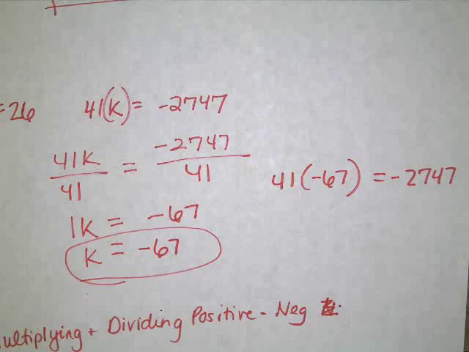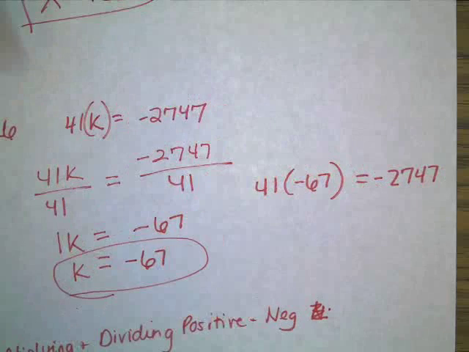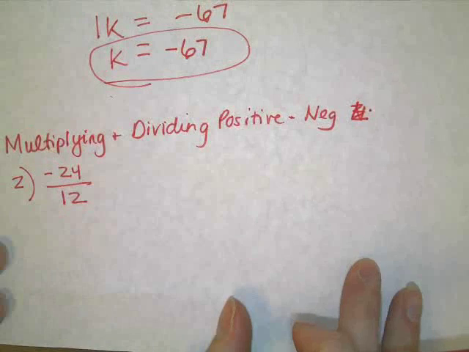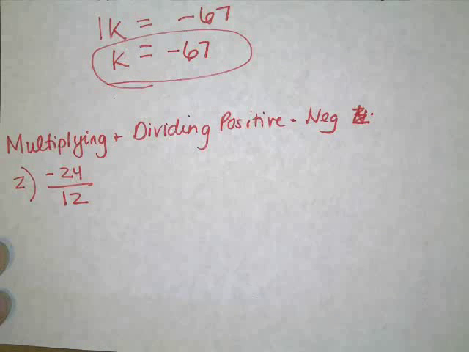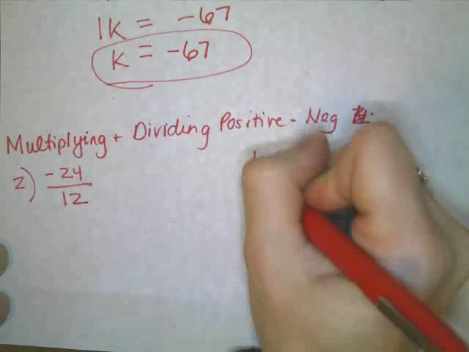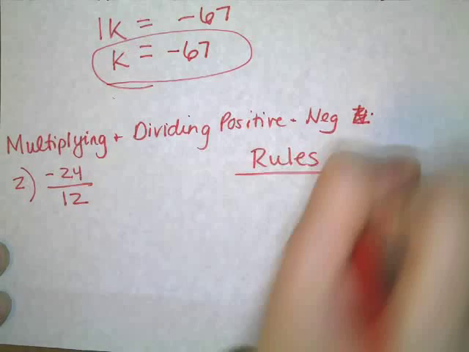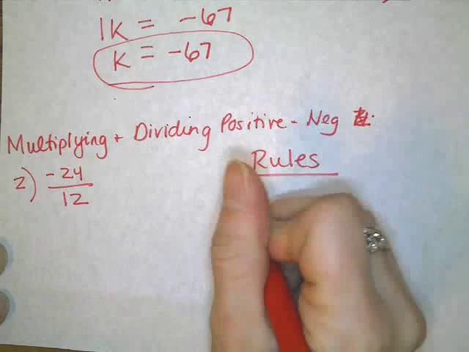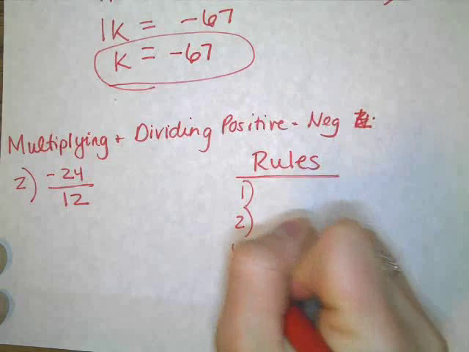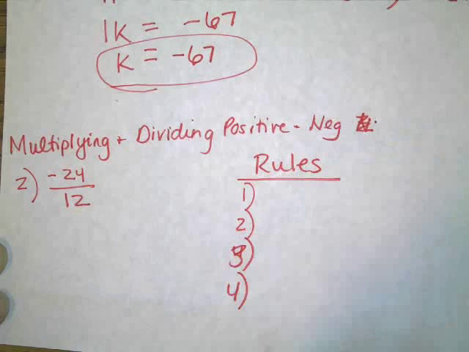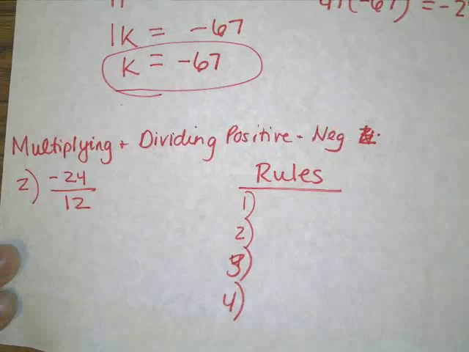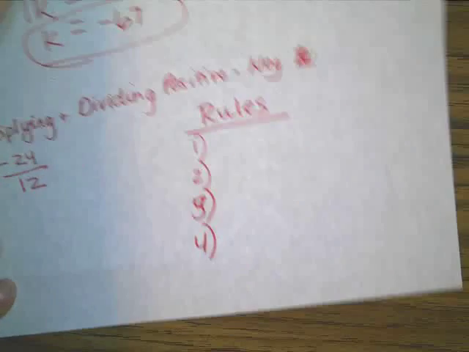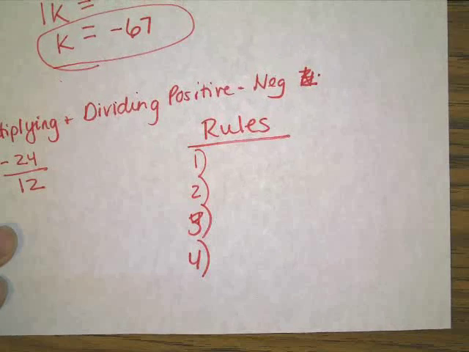All right, so your next worksheet is multiplying and dividing positives and negatives. We have 4 rules for positives and negatives, right? Cameron, can you tell me one of the 4 rules?